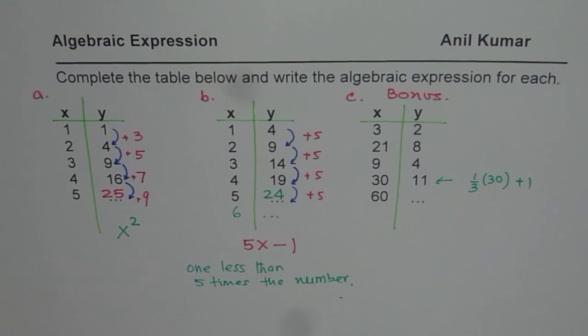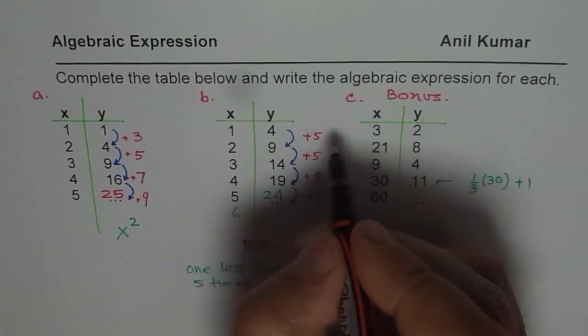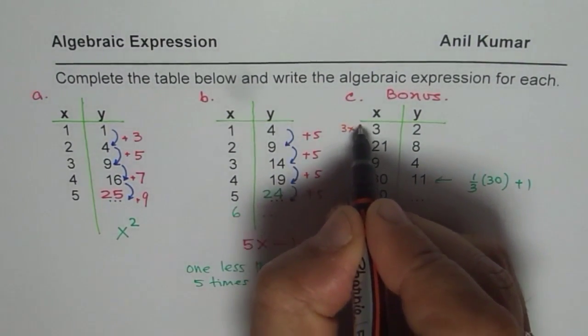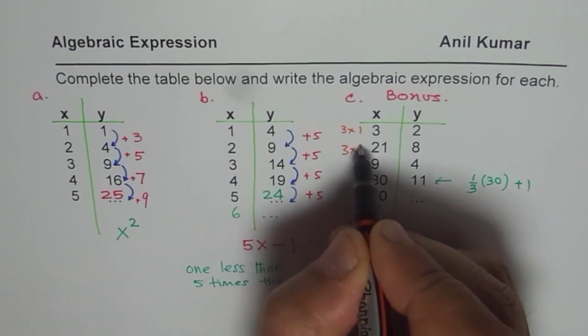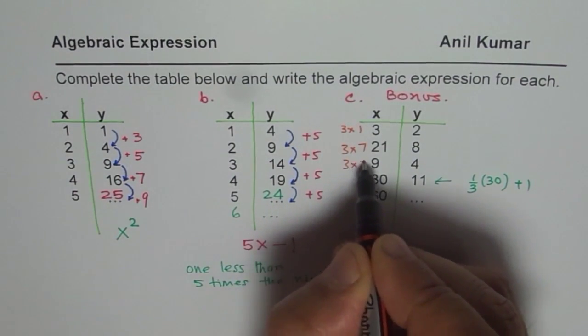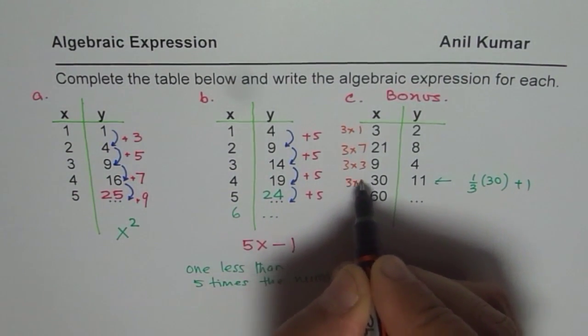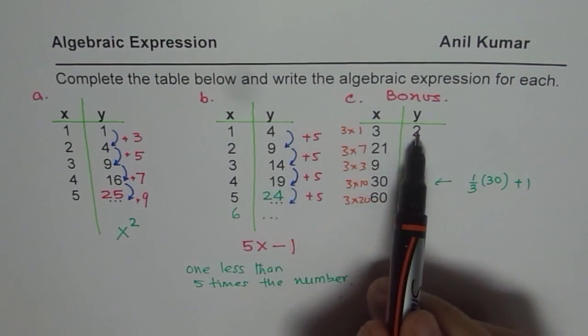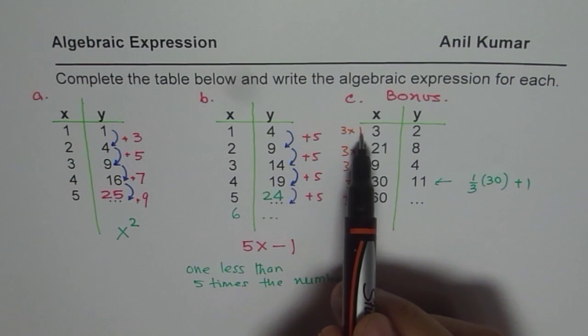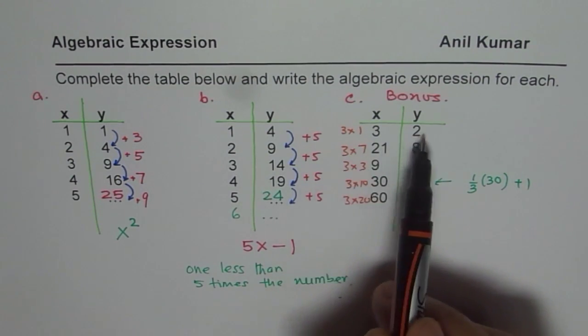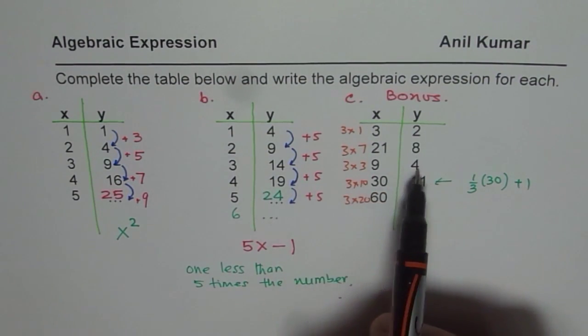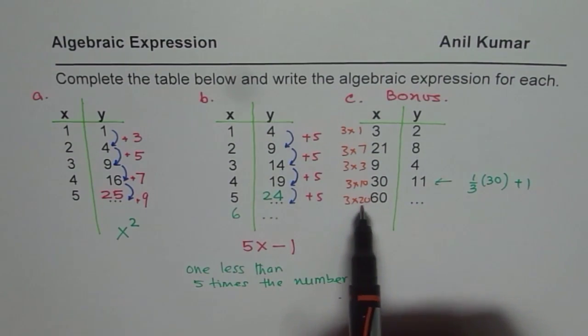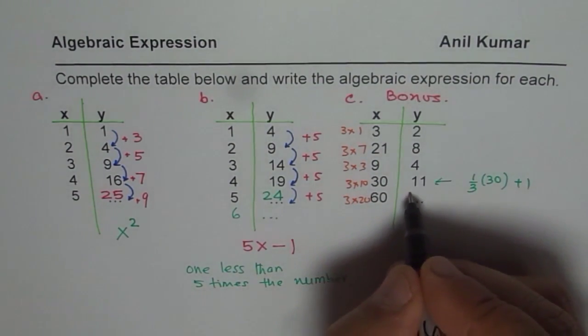So what I found here was that the numbers on the side were kind of, this is like 3 times 1, this is 3 times 7, this is 3 times 3, this is 3 times 10, this is 3 times 20, right? And the y value is 1 more than what it is 3 times. So 1, 2, 7 and 8, 3 and 4, 10 and 11, 20 and 21.